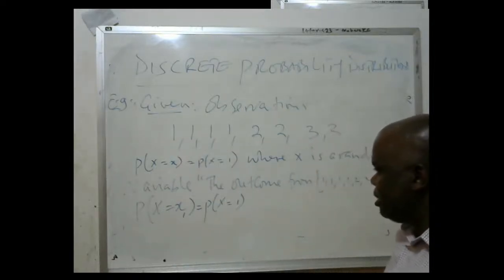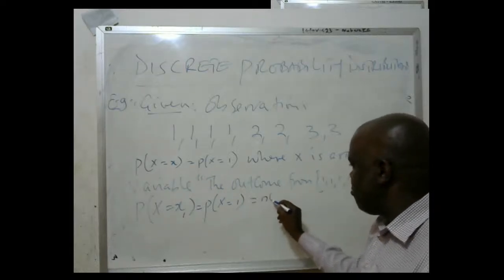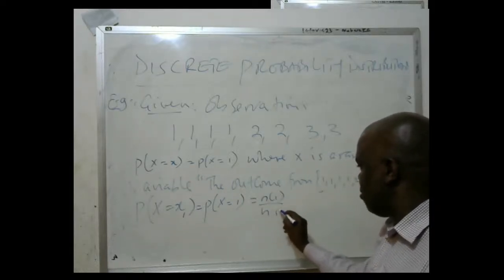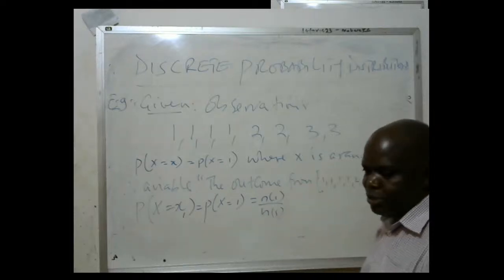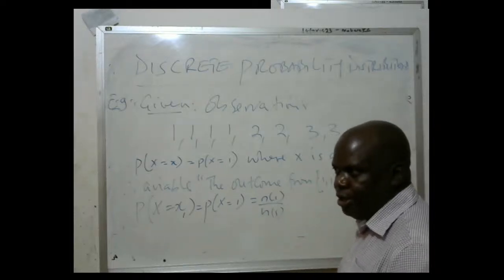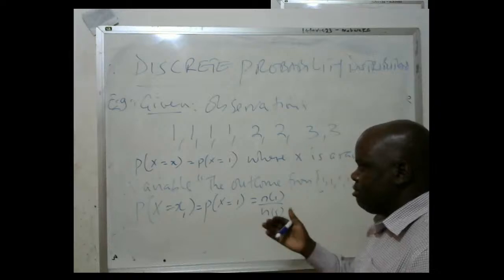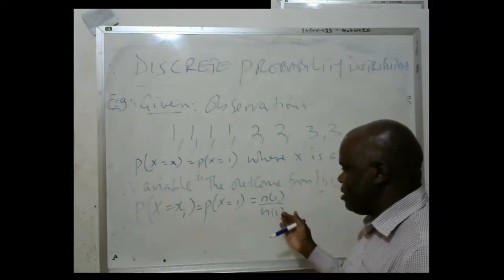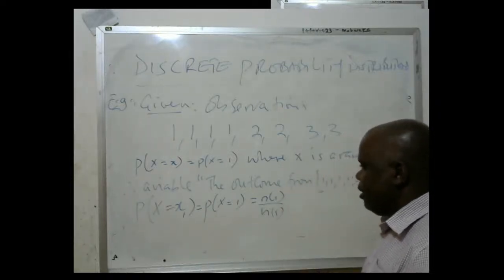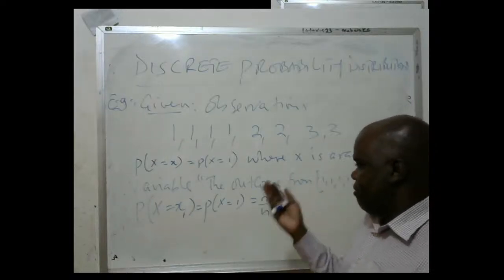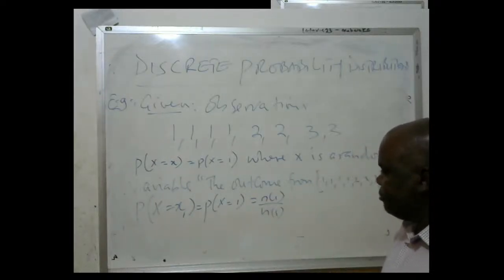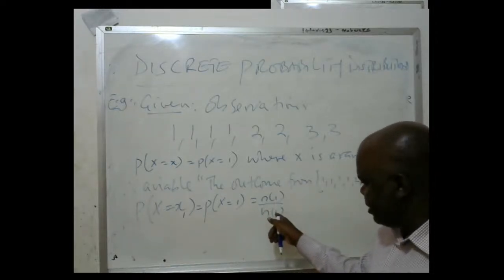Now the possibility of getting 1 shall be equal to the number of those 1s over the number of elements in a sample space from our probability theory. Certainly, we have been talking about this over and over. You need to have ideas of probability theory. Those are basic ideas in your first term in HSC. So the number of those ones and the number of elements in the sample space.